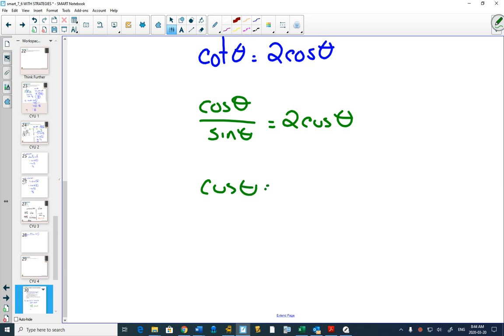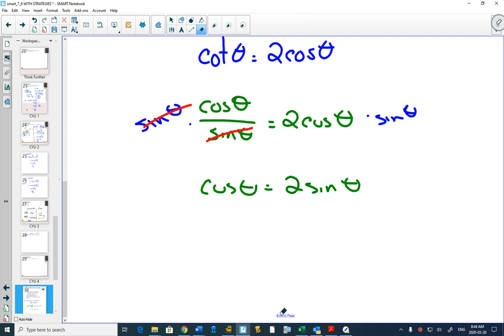It is an equation, so you're allowed to multiply both sides by sine theta. And that, of course, would get rid of the fraction. Oops, and I did not write it correctly here. There we go. Multiply both sides by sine theta, and then you would have 2 cos theta sine theta on the right-hand side.